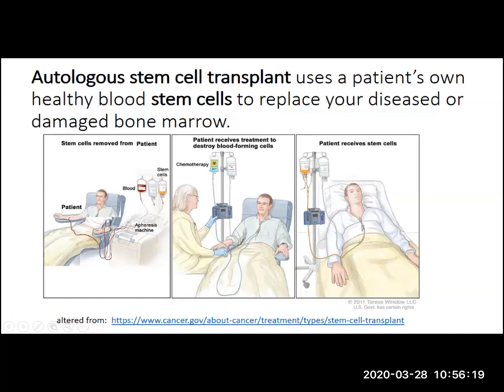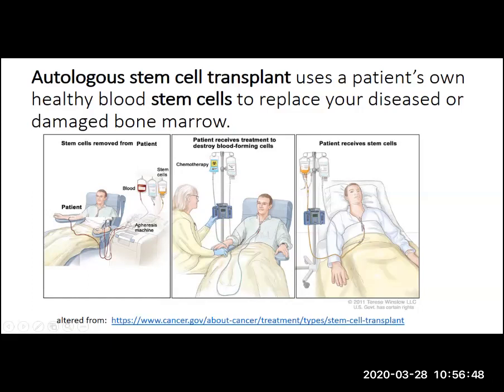Now it's hooked up to an apheresis machine, which basically separates stem cells from other things in the blood. So we can take out the stem cells, potentially process them in some way, or isolate and grow them. Once we've got these cells isolated and grown, we expose the patient to something that's going to kill off the cancerous cells. In this form, we're looking at chemotherapy, destroying those cells.